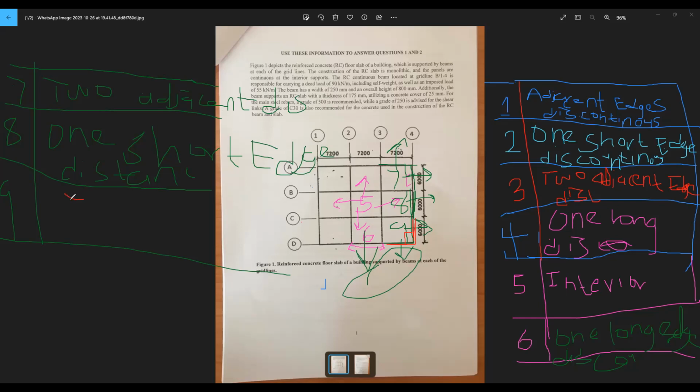So, two adjacent edges discontinuous. Very, very simple.